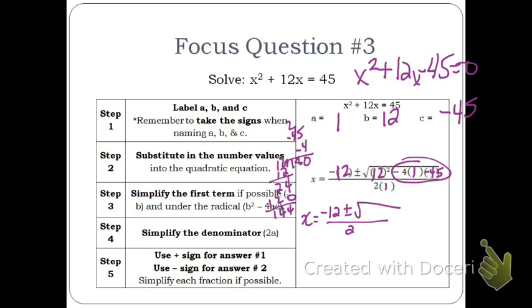So you have 144 plus 180. Keep on simplifying this, plus or minus the square root of, well, 144 plus 180. What is that? 4, 8, 9, 10, 11, 12, carry 1. 324.